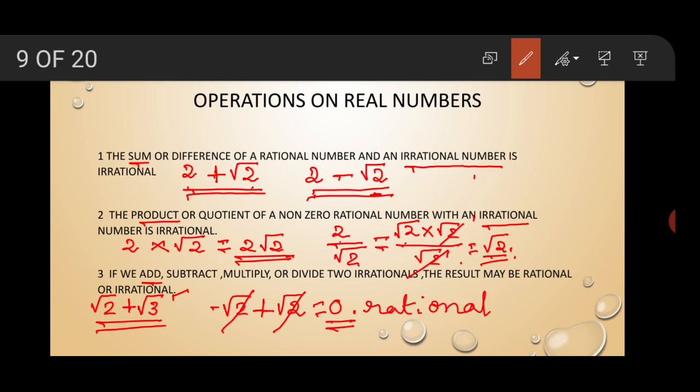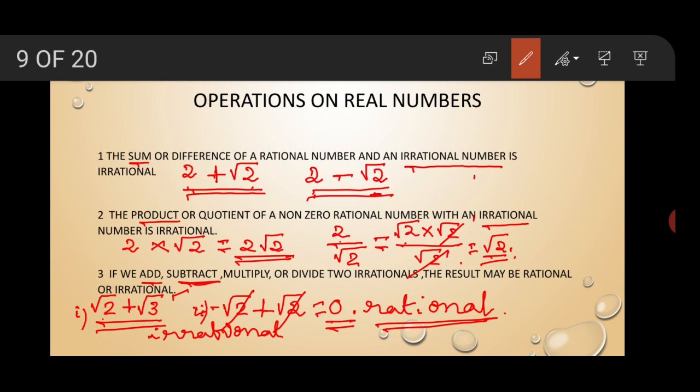Yes, it is a rational number. So we can conclude that if we add two irrational numbers, then the result may be irrational. Here the result is irrational, and in the second case the result is rational. Did you get this? Okay.